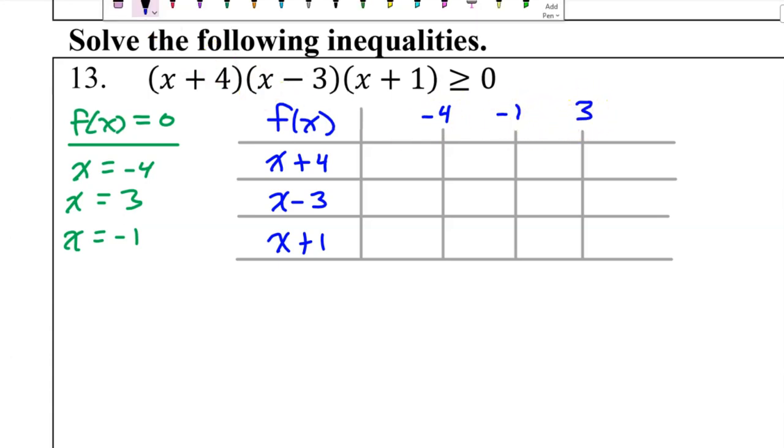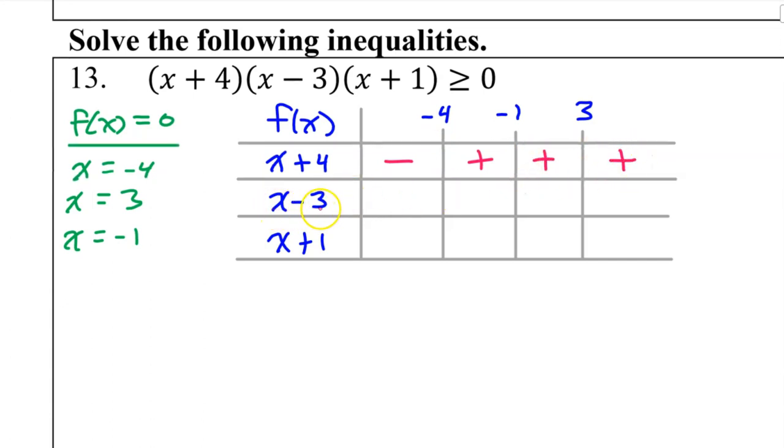So now it's time to decide whether these factors are positive or negative in each interval. The x plus 4 factor gave us the 0 of -4. So this is the only place where this might change signs. So I'm going to think to myself, x plus 4 is going to be negative to the left of -4 and positive to the right, which is typical.